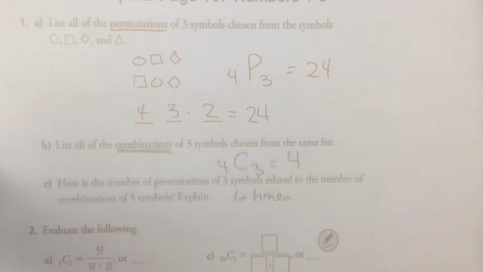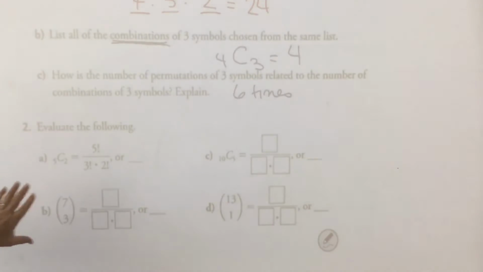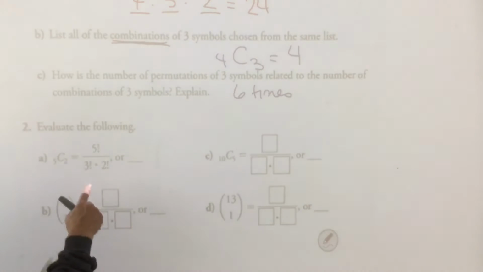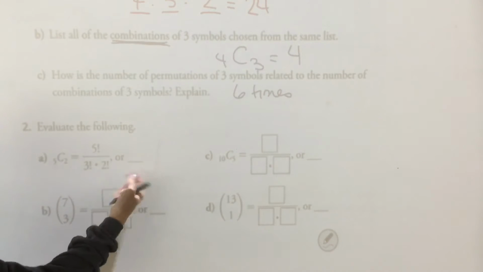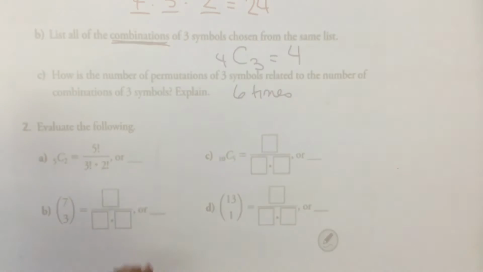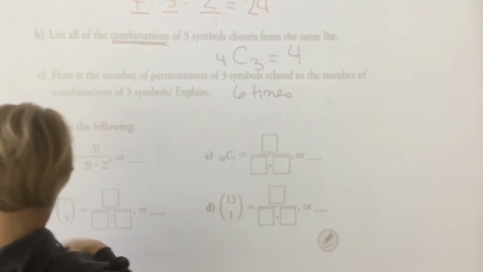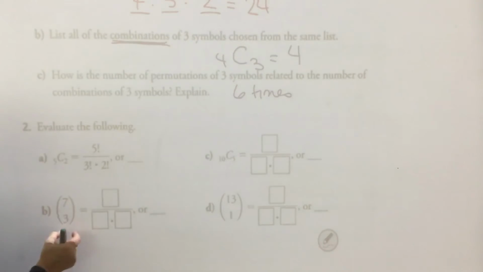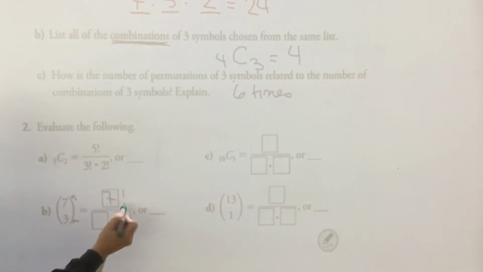All right, number 2 is just going to have you plug these into the boxes, the numbers that go there. So A is just getting the answer. You can get that answer. For, let's see, B, the column notation. So this is N, and this is R. So I would have 7 factorial.